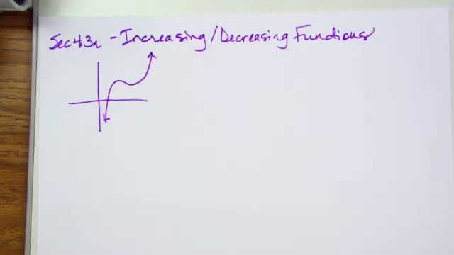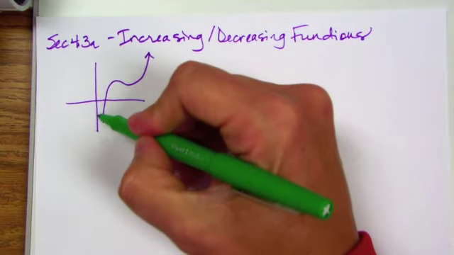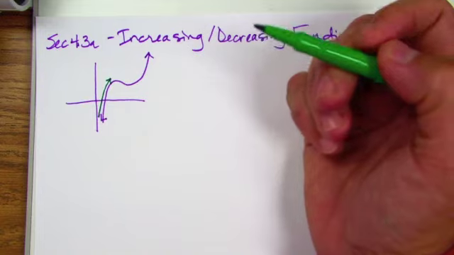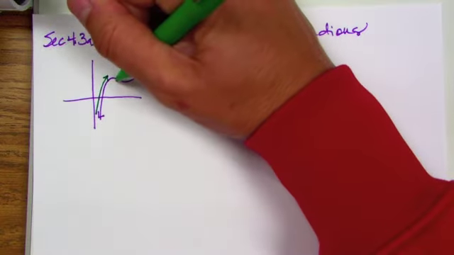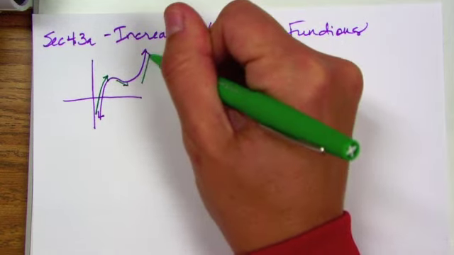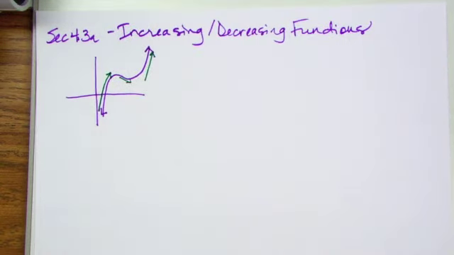Okay, so I'll just throw something up there. Doesn't really matter. But what do you know about the function from here to here? It's increasing, right? And what do you know about it from here to here? It's decreasing. And from here to here? It's increasing, right? So talk to me calculus. Give me some calculus that goes along with this picture.